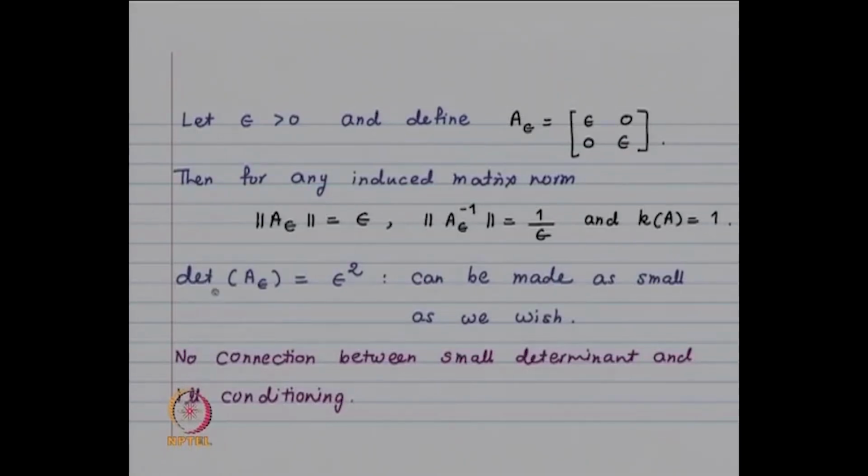Now, determinant of A epsilon is epsilon square. I can make it as small as I wish by choosing my epsilon appropriately. So long as epsilon is greater than 0, the condition number is going to be equal to 1. So, there is no connection between small determinant and ill conditioning.